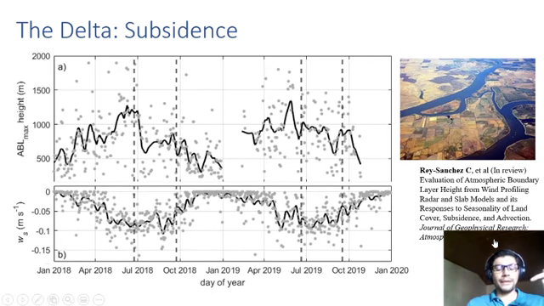But of course, we know that surface processes are not the only process ruling the atmospheric boundary layer height, so we also need to take into account the effect of subsidence. And in the delta, we do see a strong subsidence during the summer months as well. So we need to consider that.